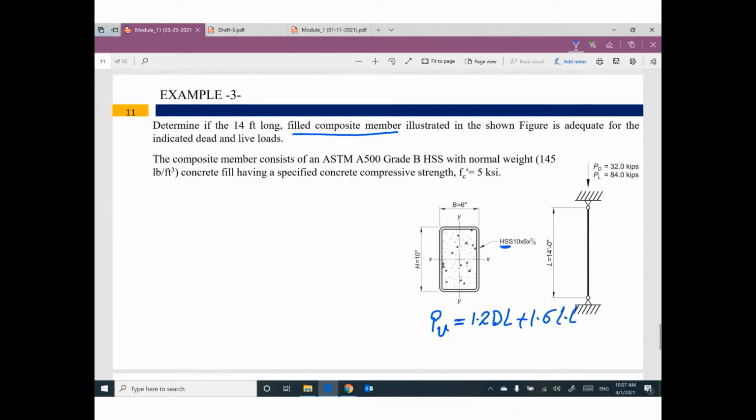Probably we have other combinations, but this is the worst case. So Pu will be 1.2 times 32 plus 1.6 times 84, which is 172.8 kips compression.